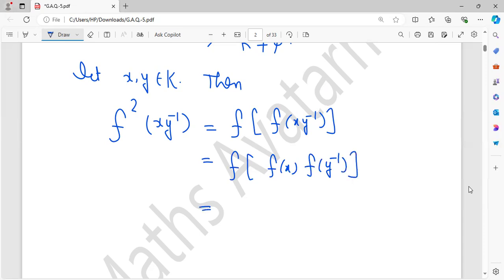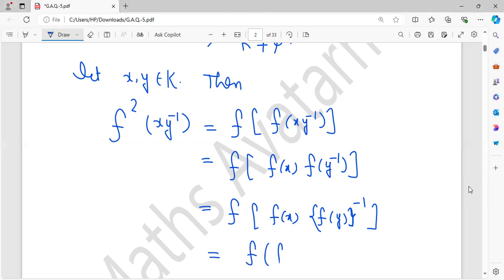Then f of the inverse is the inverse of the image. Now, again using property of homomorphism, we have this one.